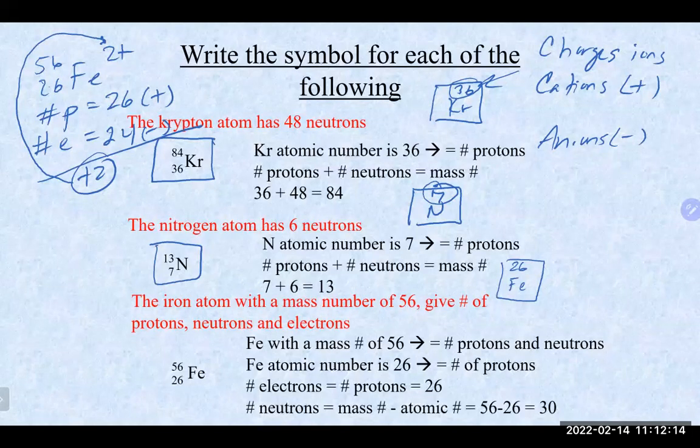By the way, in this particular case, the number of neutrons would still be 30 in this case, right? 56 minus 26. So in comparison between the iron with the +2 charge and the iron with no charge, the number of electrons change. And did we have more electrons or less electrons in the guy with the positive charge?